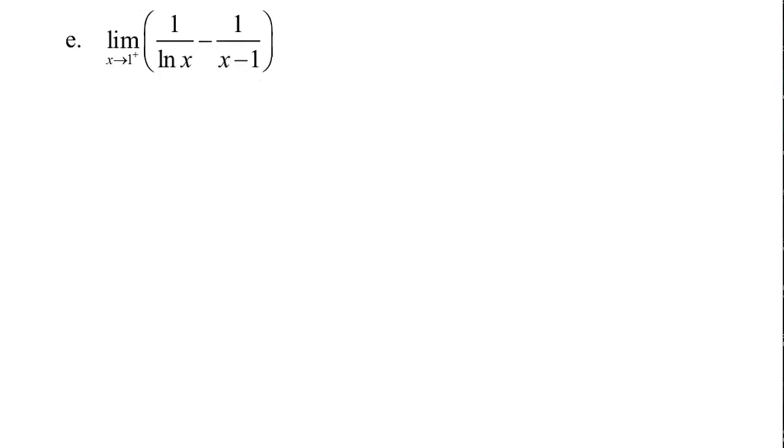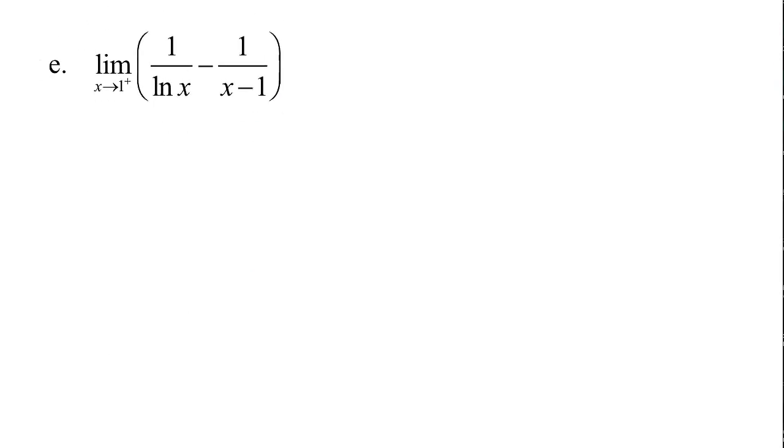Okay, last one. So let's see, if I do a straight substitution of 1, this would be 1 over 1 from the right is 0, so that's an infinity minus, is that an infinity? No, yeah. 1 over 0, so that's an infinity. So that's infinity minus infinity, which is an indeterminate form.